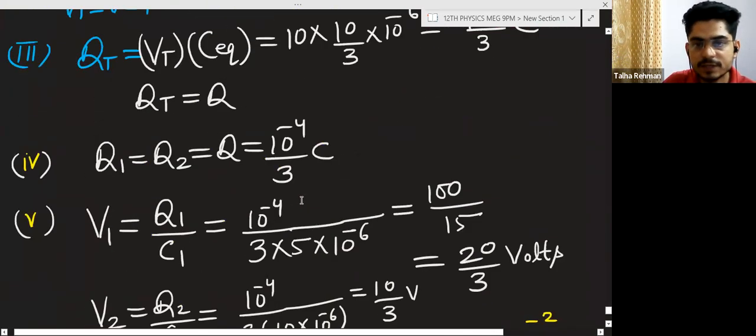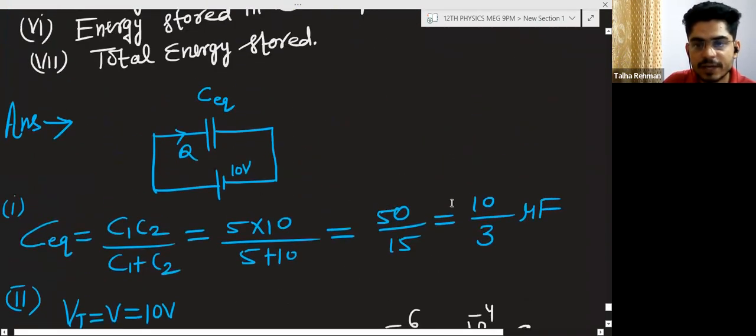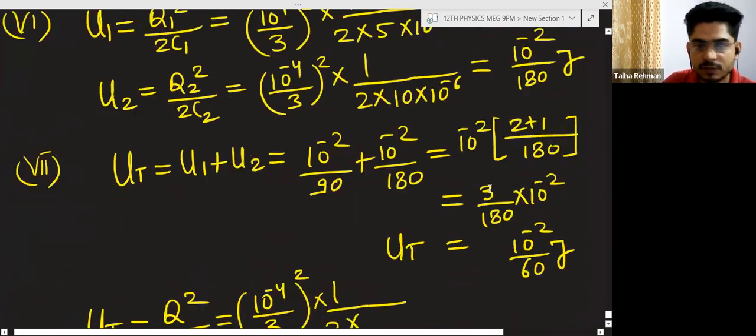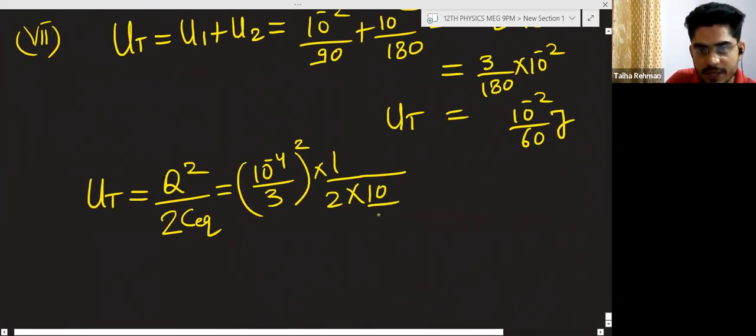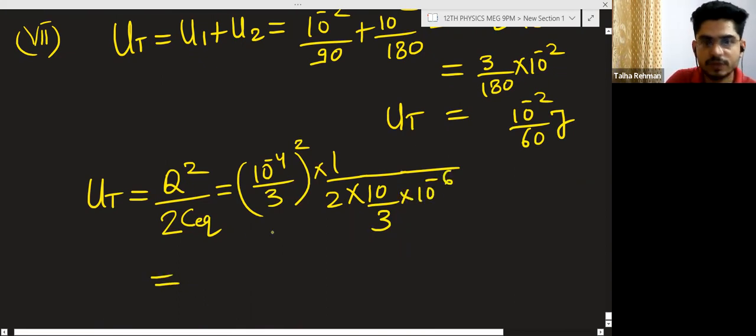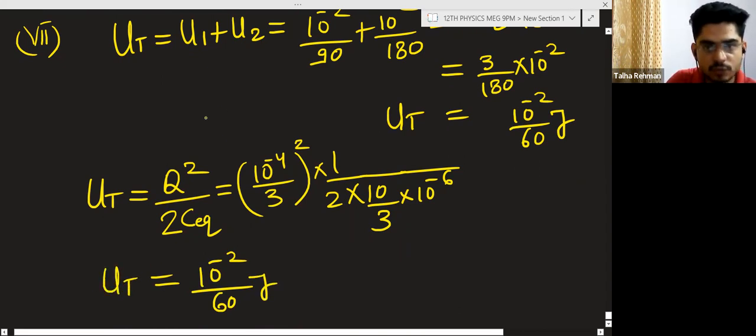C equivalent is 10 by 3 microfarad, which means 10 to the power minus 6. When you calculate this, you will get the same result, 10 to the power minus 2 divided by 60 joule. So there are two methods.